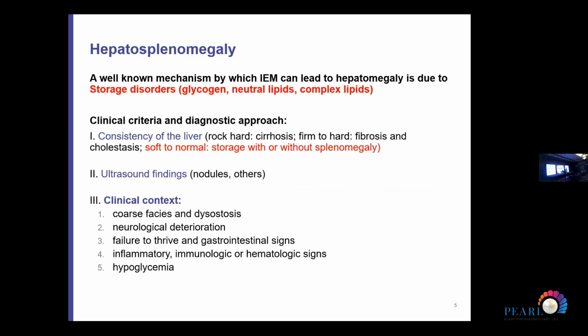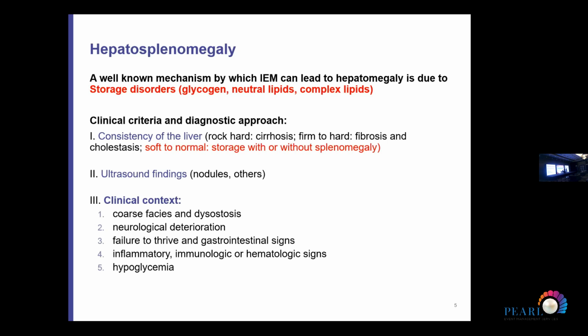A well-known mechanism by which inborn errors of metabolism can lead to hepatomegaly is storage disease, basically buildup of accumulated material, which can be glycogen, neutral lipids, or complex lipids. In order for us to approach the patient, you have to look at the consistency of the liver, and this sometimes can guide you, ultrasound findings, and most importantly, the clinical context.